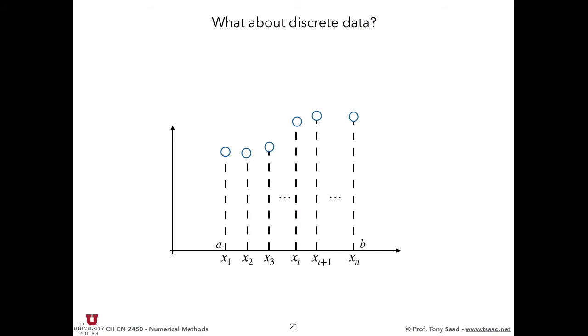If you're given xi and yi values discretely over here, you use these rules exactly as they are proposed. For the left rule, you just apply it easily. Again, you go over your segments, and then you just take the value at the left, right?